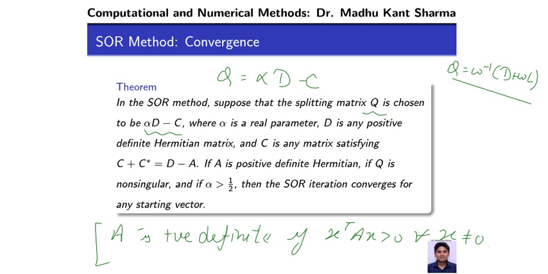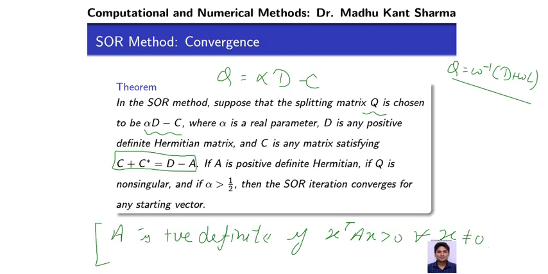Now note that we are talking about any positive definite Hermitian matrix. So we are talking about symmetric, okay, in the case when our entries are real. So here D is any positive definite symmetric matrix and C is any matrix satisfying the following: C plus C star equals D minus A. If you recall, C star is the complex conjugate transpose.